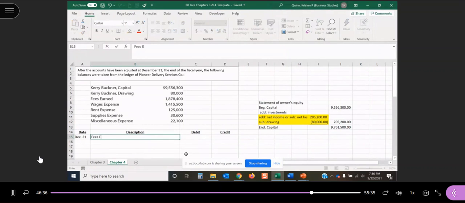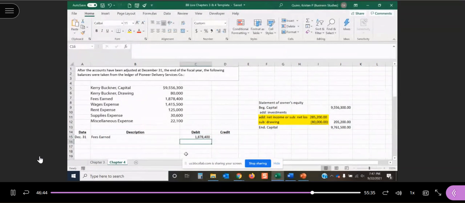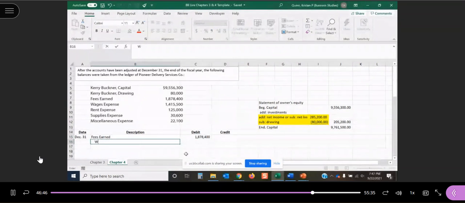So revenues increase with credits. So if I want to make them zero, I'm going to debit them. My expenses increase with debits. So if I want to make that account zero, I'm going to credit it.